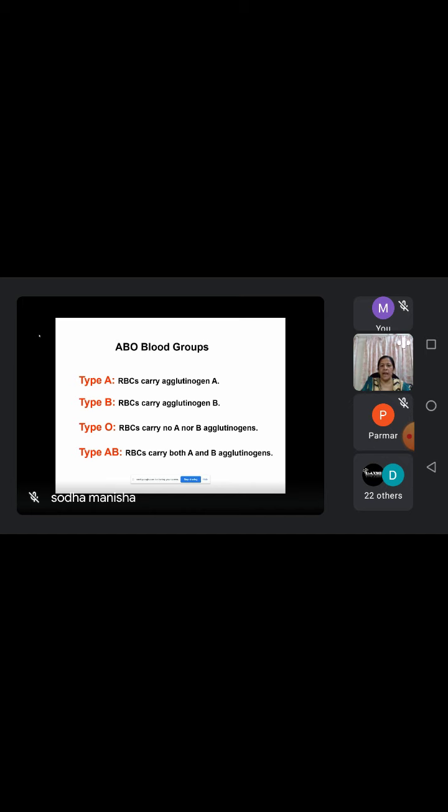Red blood cells carry no agglutinogen, neither A nor B. Agglutinogen is absent in blood group type O. Okay. Now in blood group type AB, both types of agglutinogens are present, type A and type B. Is it clear to all of you?